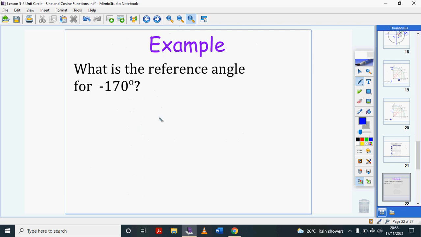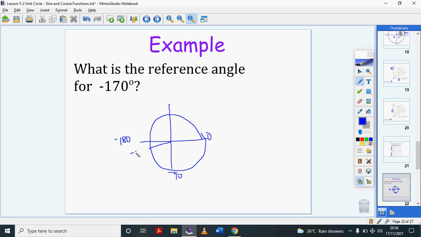So what's the reference angle for negative 170? Remember, if this is 0 and this is negative 90, this will be negative 180. If that's negative 180, negative 170 should be somewhere here, right?